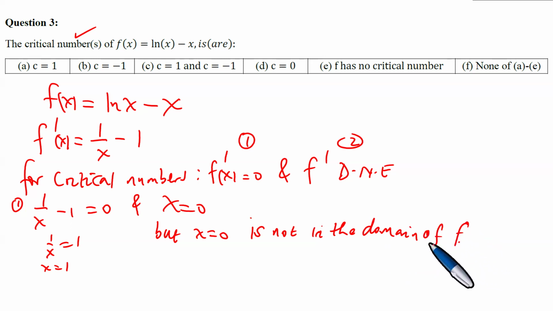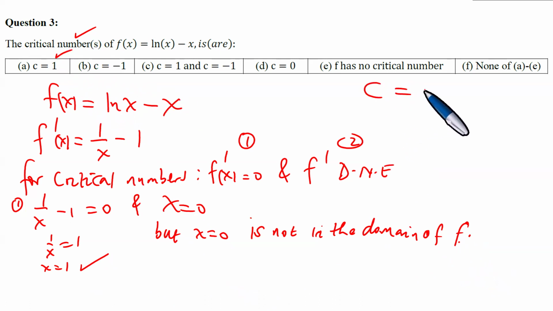Because x equal to 0 is not in the domain of f, the only critical number there is c equals 1.